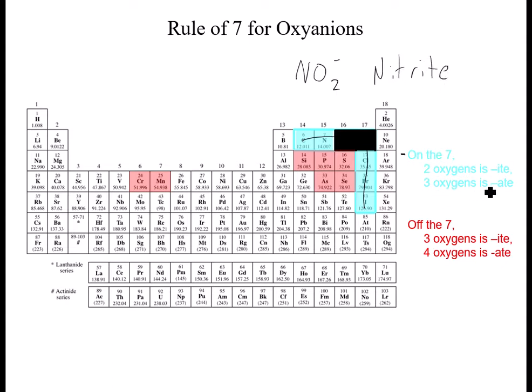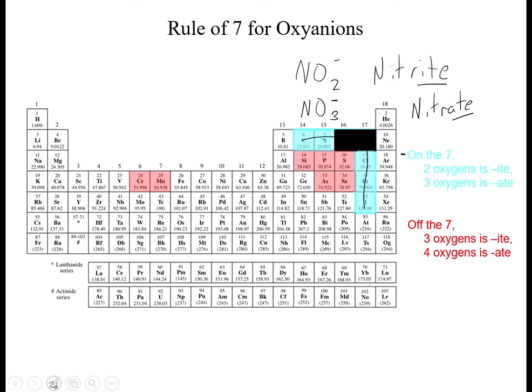And 3 oxygens is the ATE. So NO3, also a negative 1. You notice that both nitrogens have a -1 charge. It's nitrate, ATE ending. Okay? So if it's one of these 5 elements, 7 if you count those two, then 2 oxygens makes it ite, and 3 oxygens makes it ate.